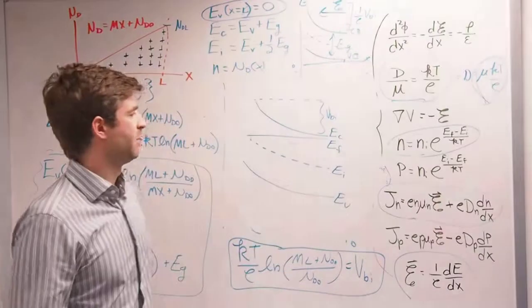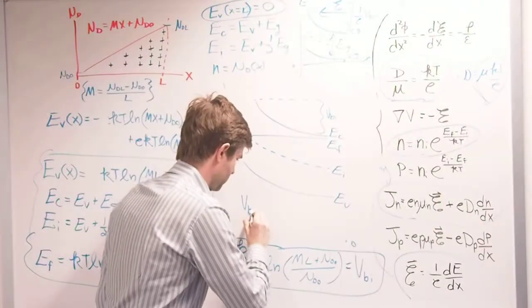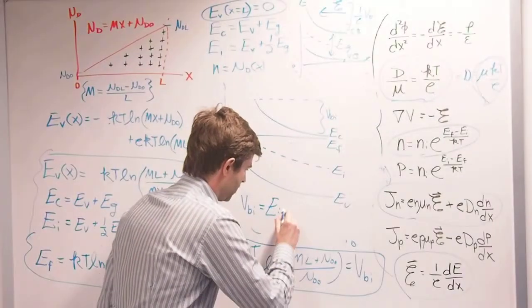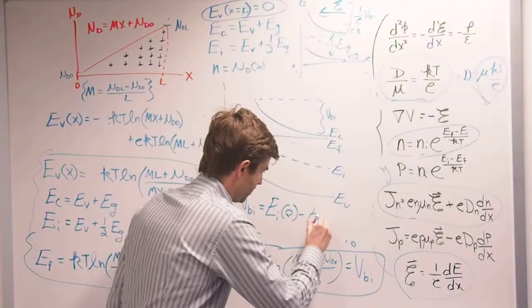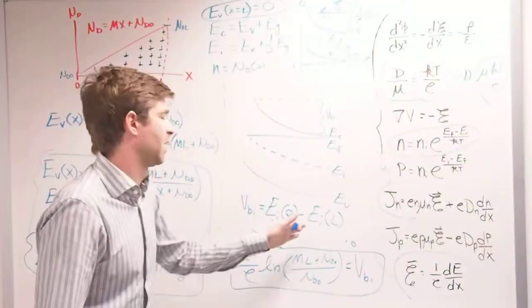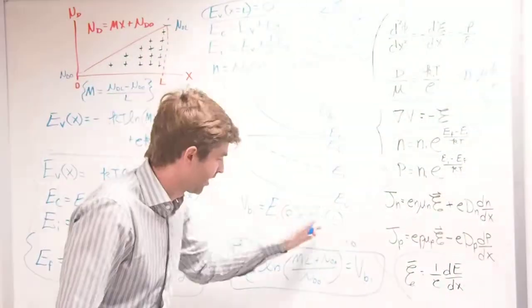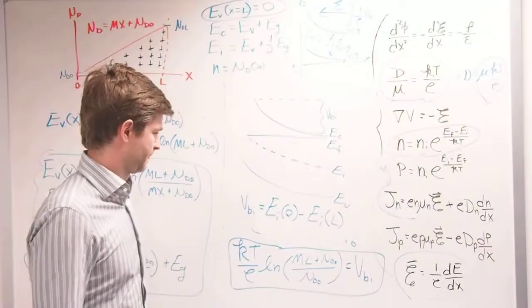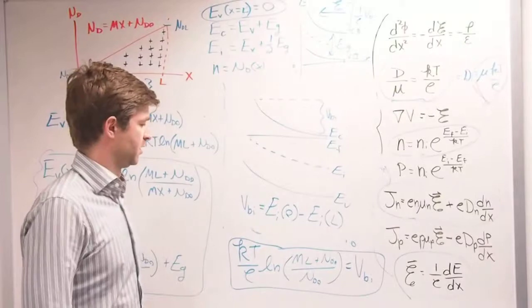Another way to look at VBI is that it's equal to EI at 0 minus EI at L. Or it could be EC at 0 minus EC at L, or EV at 0 minus EV at L. It's the difference between these two.